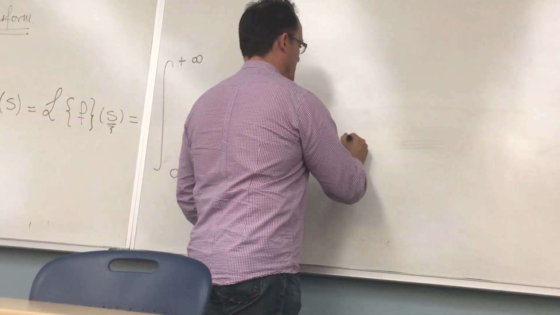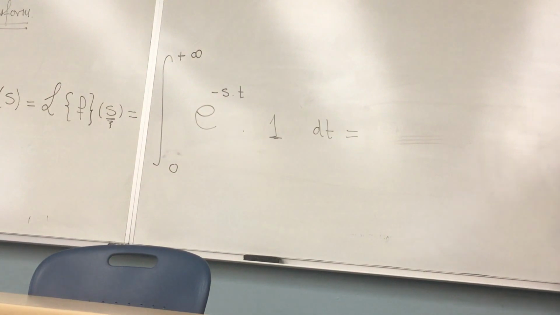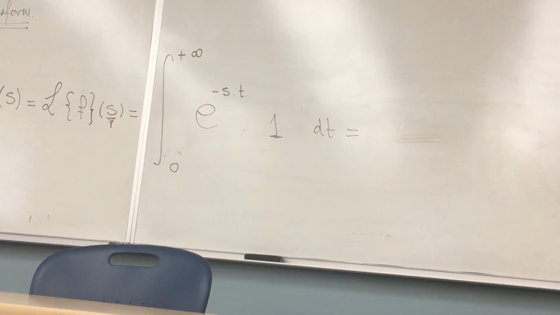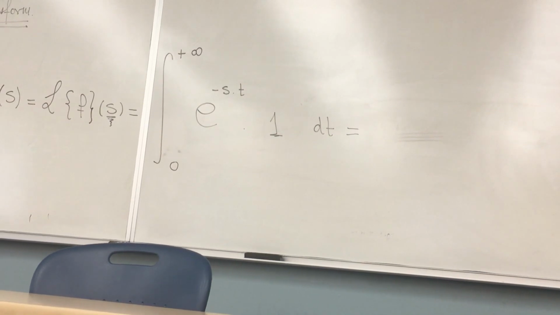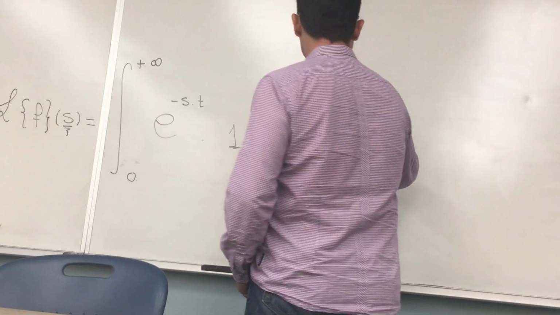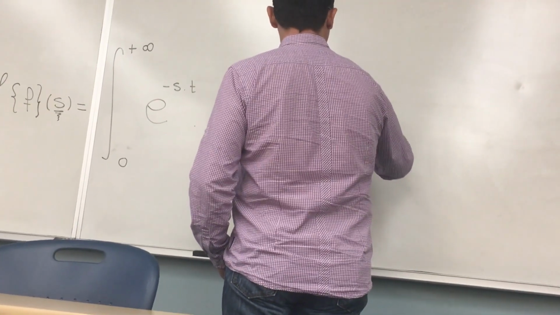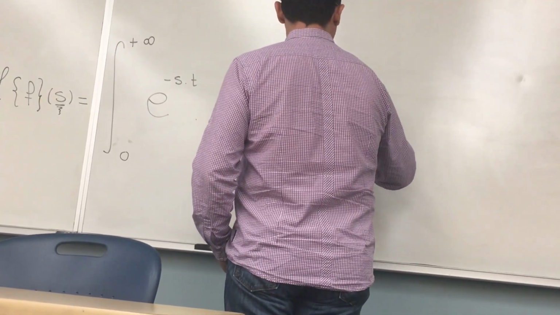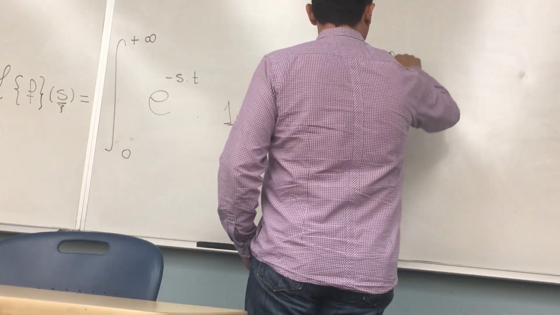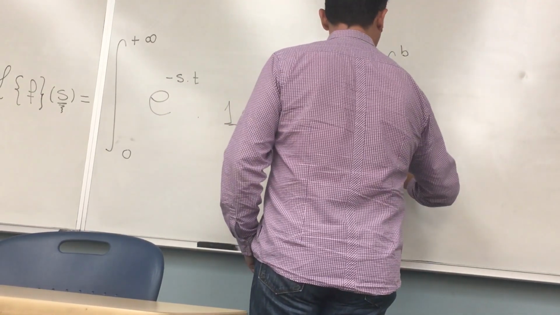Now, how would you continue? Remember, now it's a calculus 2 problem. You replace the infinity with b and then take the limit, correct? To check whether it converges or diverges, we look for this limit. We replace the infinity with b, and we take the limit as b goes to infinity.